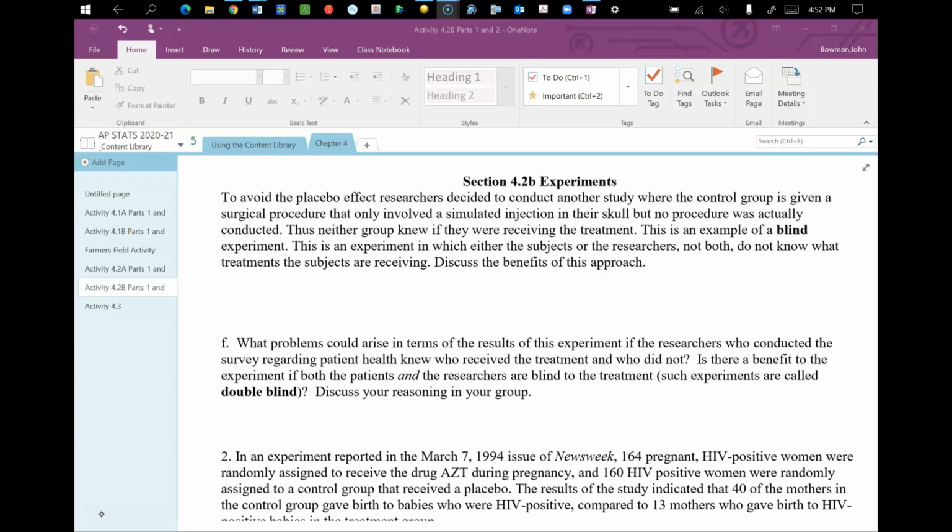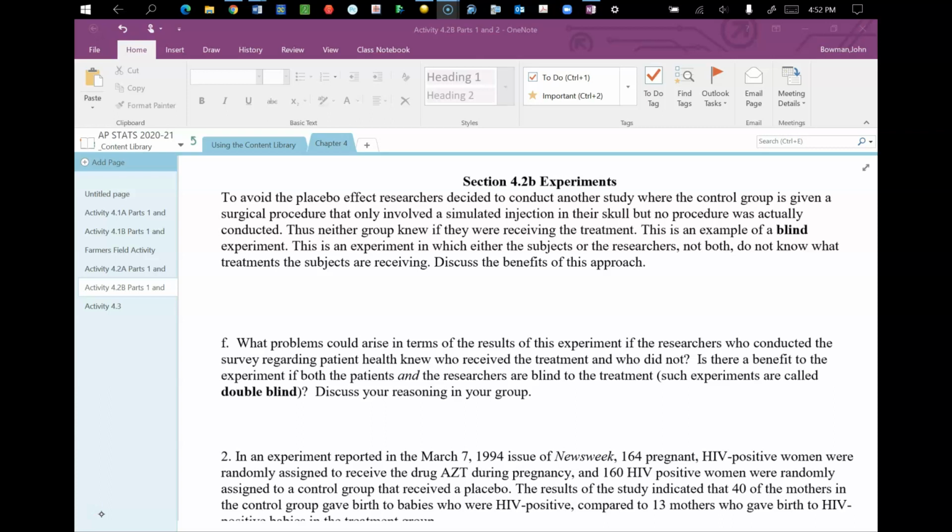A blind experiment is when either the subjects or the people administering the treatments in the experiment don't know which treatment the subjects are receiving. If neither of those two groups, the subjects or the people applying the treatments, know what treatments the subjects are getting, we call that a double-blind experiment.